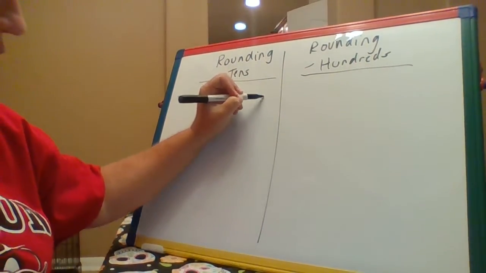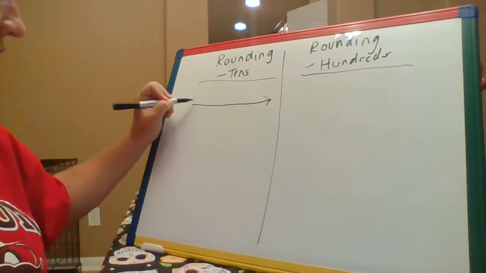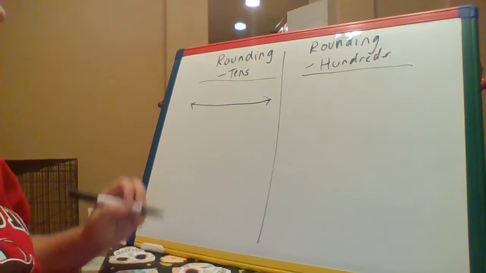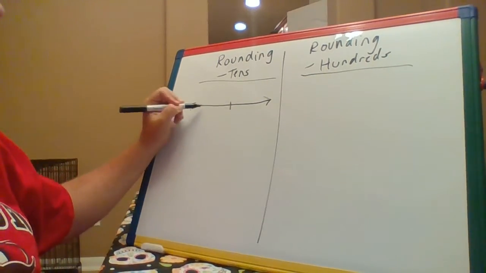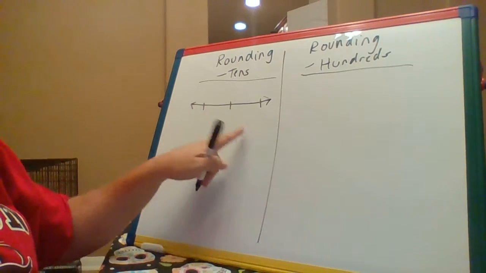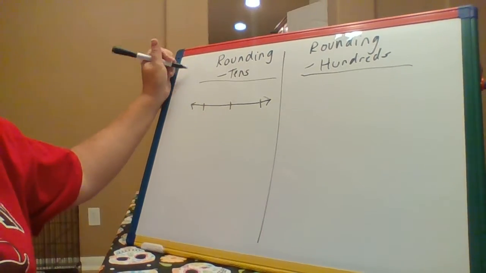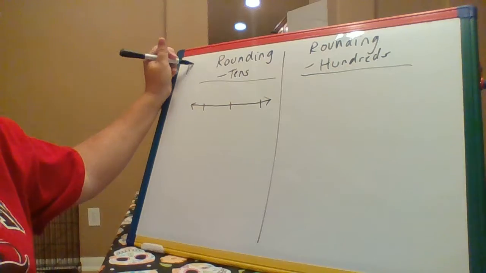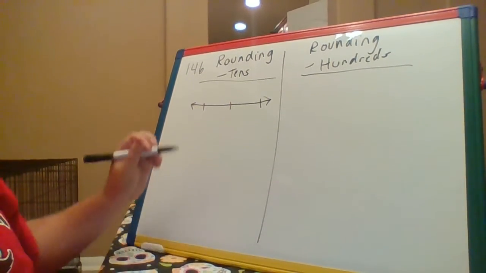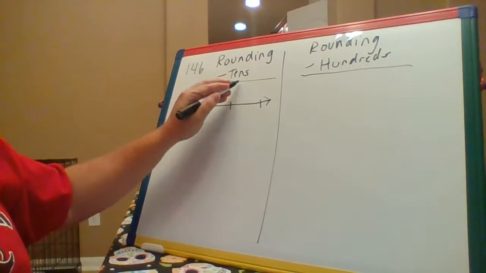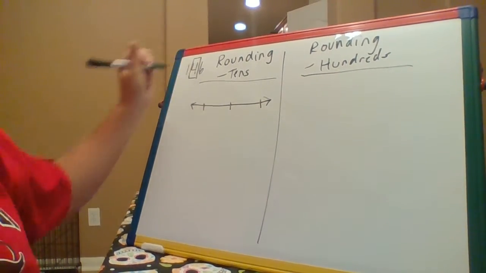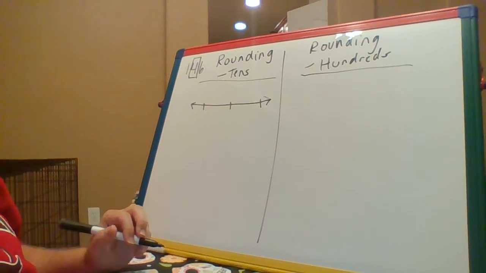So I'm going to show you two ways, one with a number line and one just using the number and a poem. So on your number line, you're going to make 3 lines. One is going to be in the middle and 2 on the outside. So let's take the number 146. Okay. So 146, if I'm rounding to the nearest tens, I'm going to look at the digit in the tens place, and I see that it's a 4.